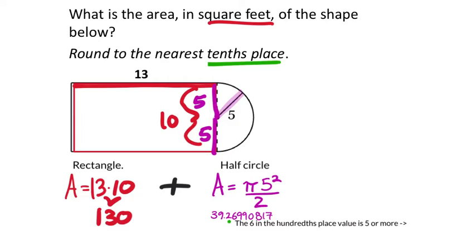So this tells me that I need to add 1 to the 2 in the tenths place value. So I'm going to take my 2, add 1, and then this becomes 39.3 square feet.